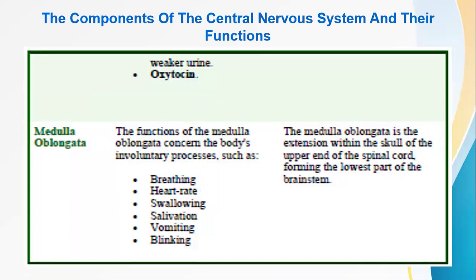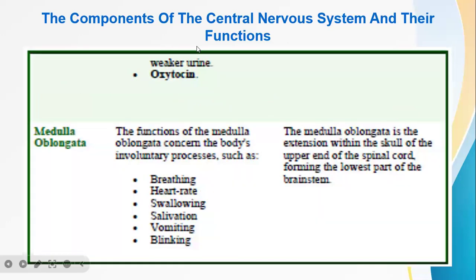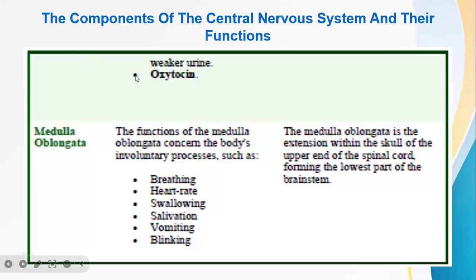Also, we have the other hormone, oxytocin. The hypothalamus, we saw the first one is ADH, antidiuretic hormone, and the second one is oxytocin. Talking of the other component, the medulla oblongata.